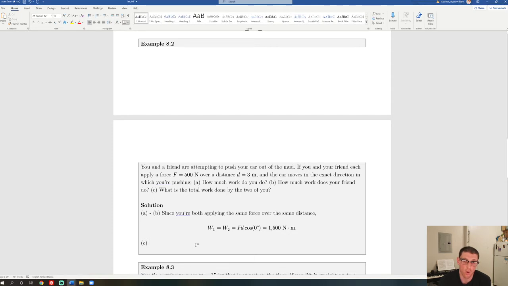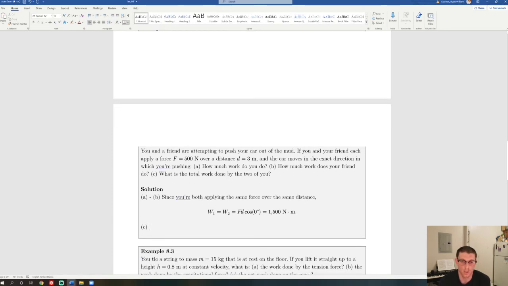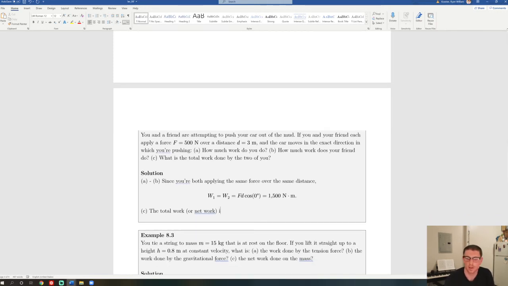Now let's think about the total work done by the two of you. And so the total work, or net work, I'll probably use both phrases interchangeably as we look at this stuff. It's the sum of the individual works.